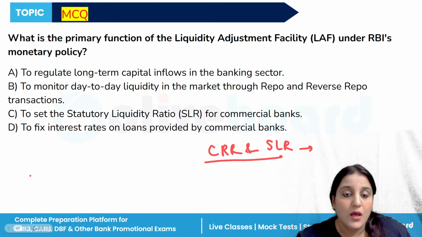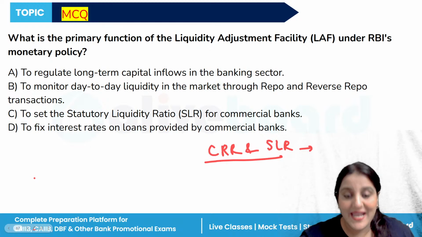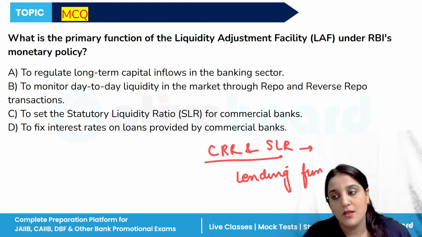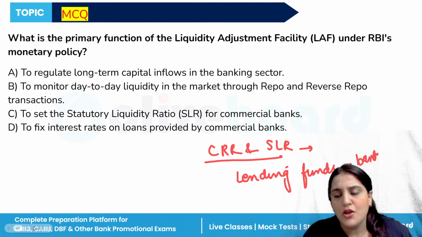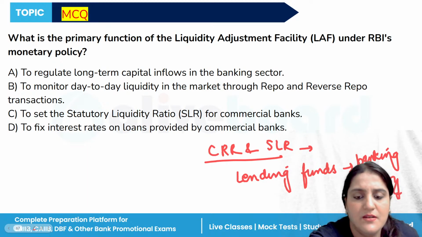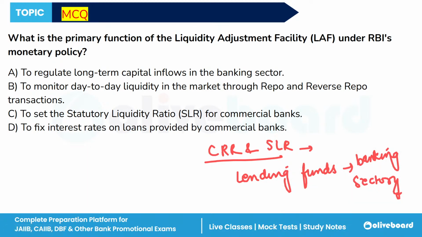LAF also refers to lending funds to the banking sector through the repo instrument. RBI also takes deposits from the banks under reverse repo, or the process of purchase and sale of government securities with the agreement to sell back or repurchase respectively within a specified predetermined period.